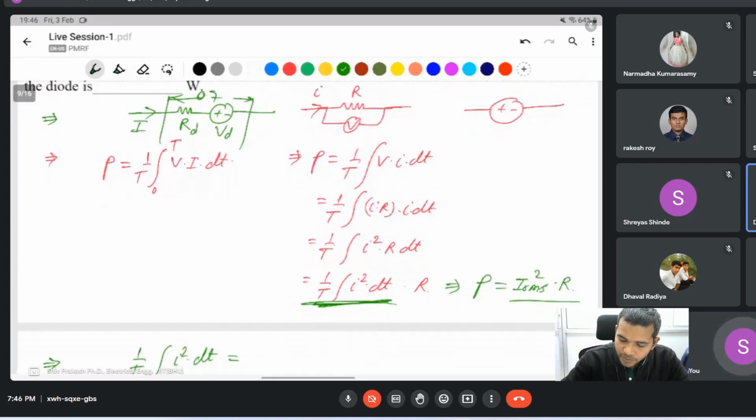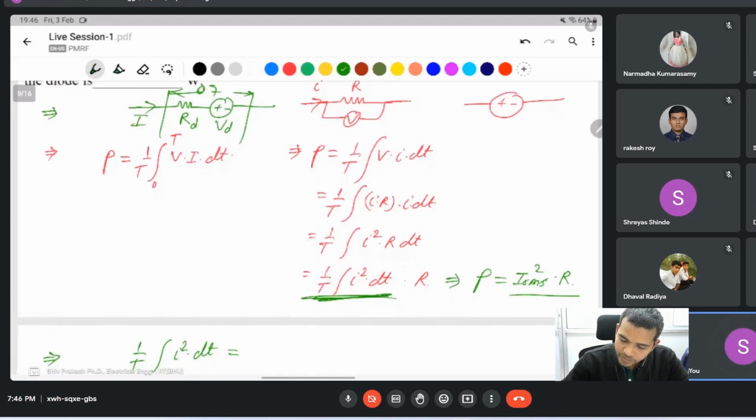Same thing: you apply a voltage waveform and replace the current by the voltage. I can write 1 by t integration of, in place of current, V by R, so it is V square by R into dt.